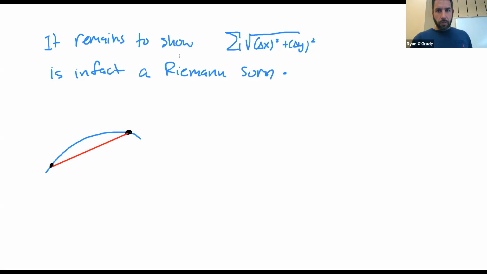And let's sort of put our triangle in here. And remember, this distance is delta x. This distance is delta y.